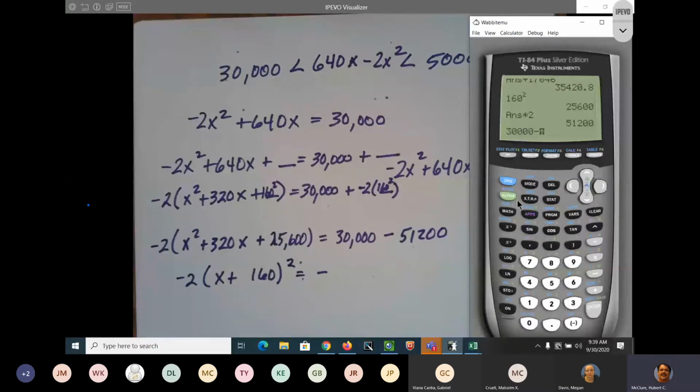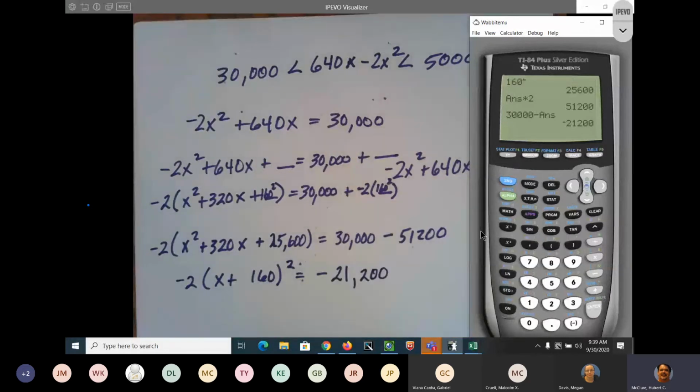I got negative 21,200. Y'all check me. And of course, divide by negative 2. So x plus 160 squared is equal to 10,600.